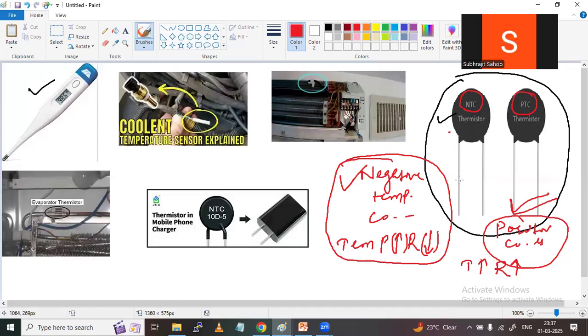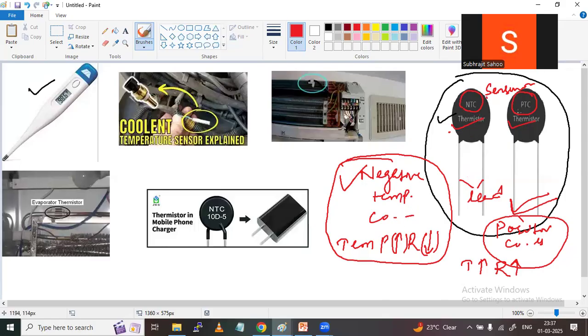These are called leads, and this is the temperature sensing element, the sensing ball. We will expose this end where temperature is to be measured.